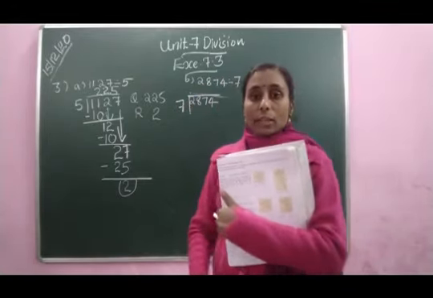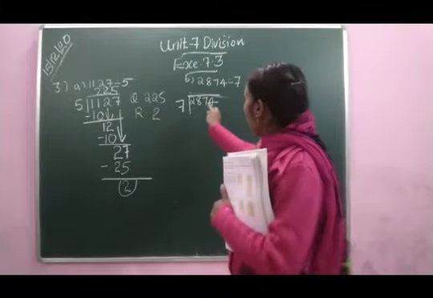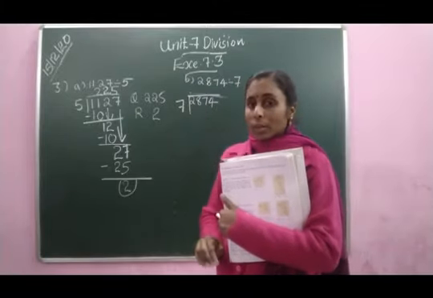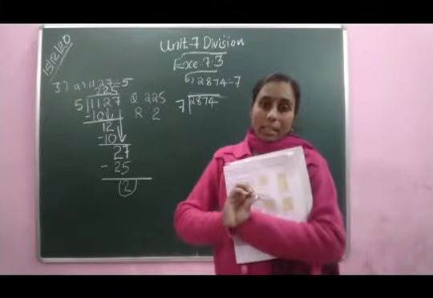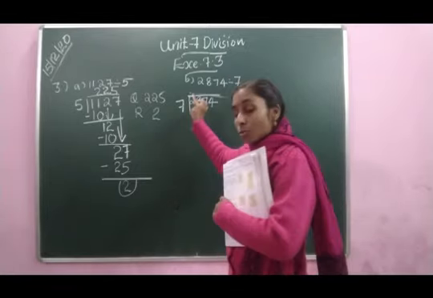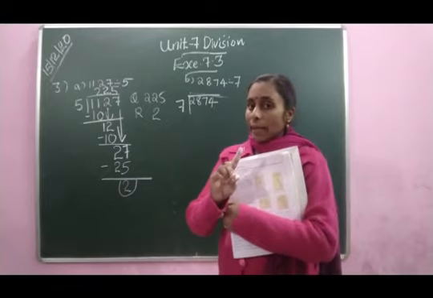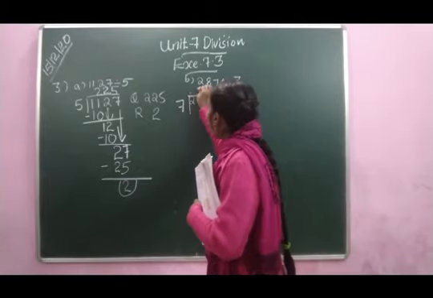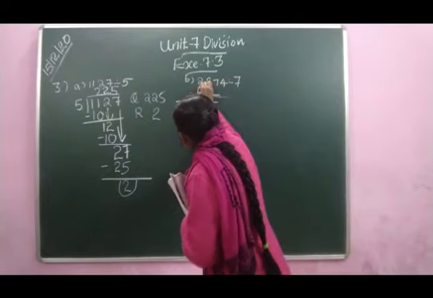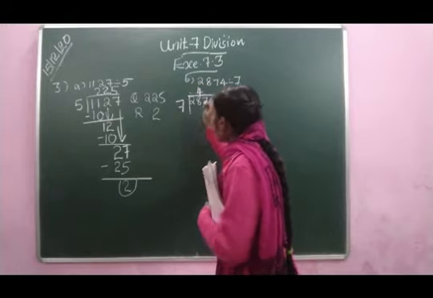First we have to take 2 from the dividend. How many 7s are in 2? There is no 7 in 2 because 2 is smaller than 7. So we take 28. How many times? 7 4s are 28. Therefore, we should write 4 above the 8, because we have taken these numbers together.